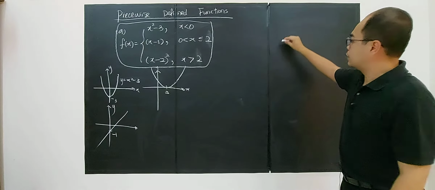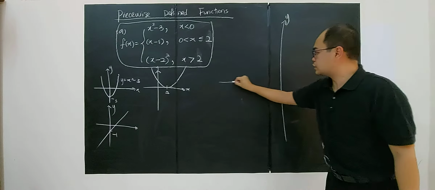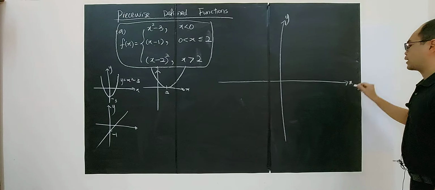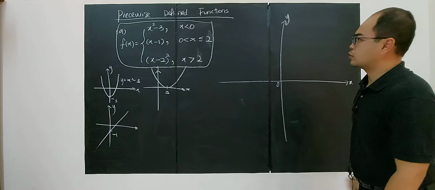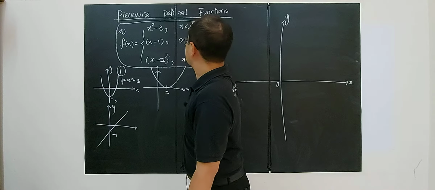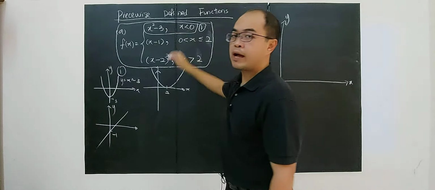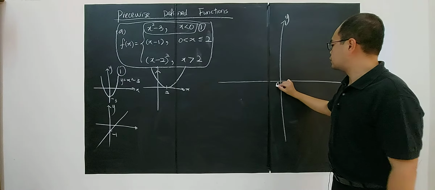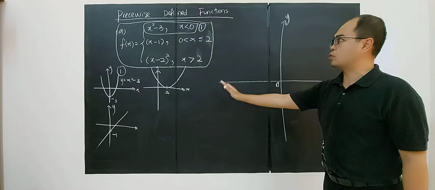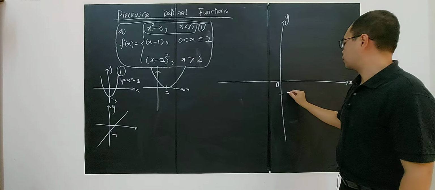For example, I draw this graph and let you see x, y, and 0 here. So we're going to look at the first graph, because the first one is x squared minus 3 for x less than 0. So it means for x less than 0, the function will be x squared minus 3. So then you know the minus 3.